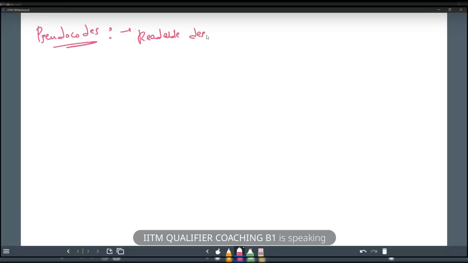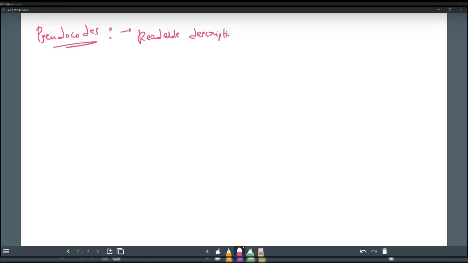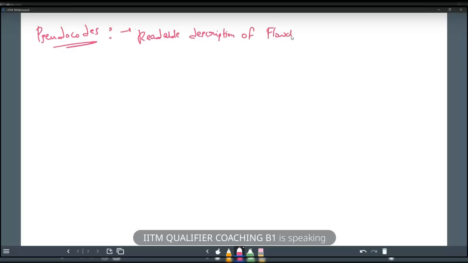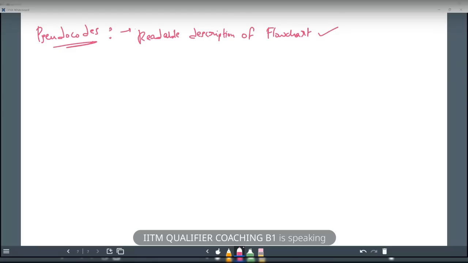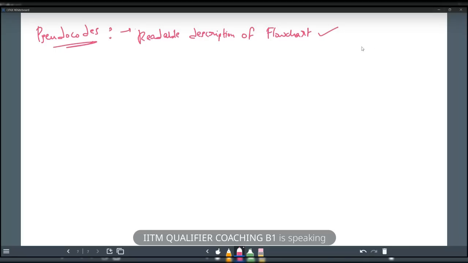I think you all must know this, as one of your classmates has already said just now. A pseudocode is a detailed yet readable description of what a flowchart must be doing.